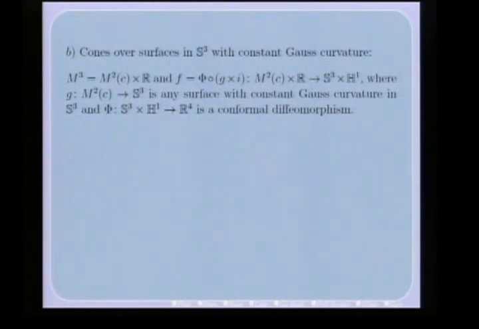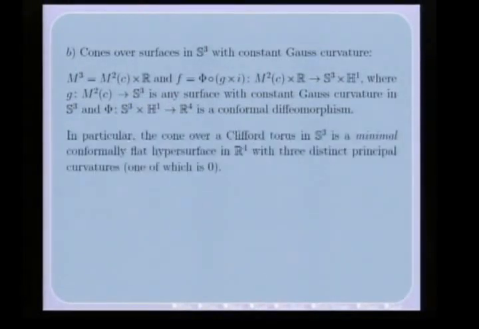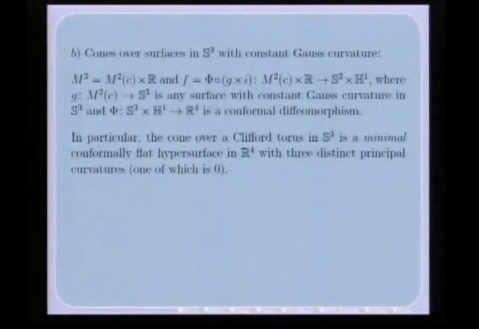Then you get a conformal immersion of this Riemannian product into R4, whose image is a cone over a surface in S3. In particular, if you take the cone over a Clifford torus, you get a minimal conformally flat hypersurface which has 3 distinct principal curvatures, one of which is 0.